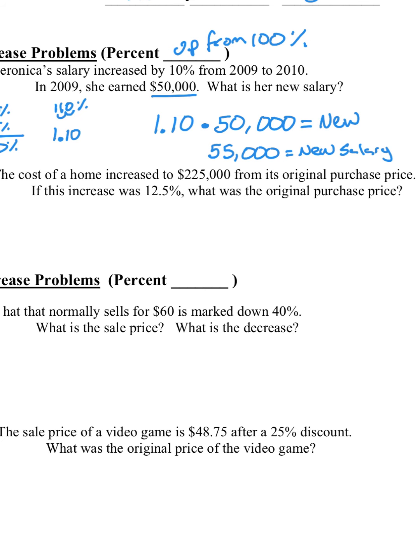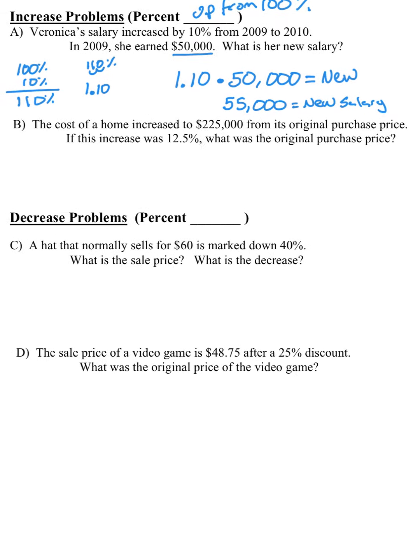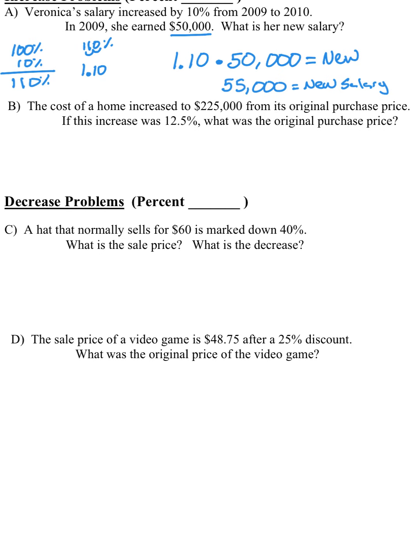So let's take a look at part B here. Part B says the cost of a home increased to $225,000 from its original purchase price. If this increase was 12.5%, what was the original purchase price? So again, we start with 100%.